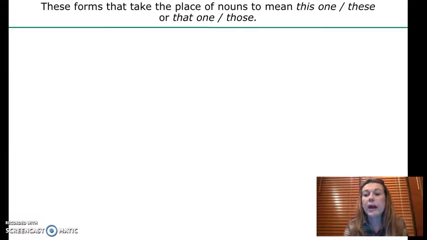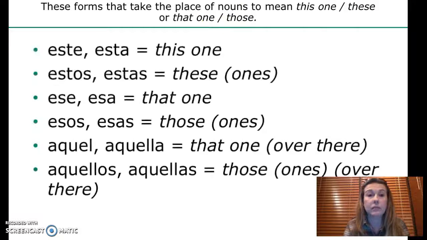So those were our adjectives. Now let's look at our pronouns. Now remember, pronouns replace nouns. And these are going to take the place of nouns, and usually we would translate these as this one, these, that one, those, that sort of thing.